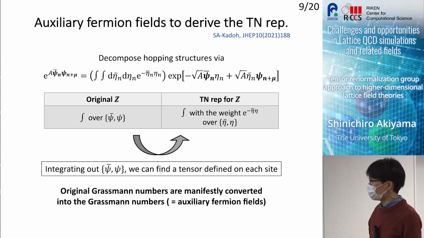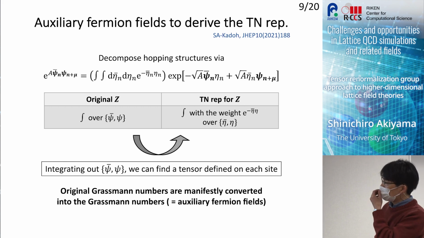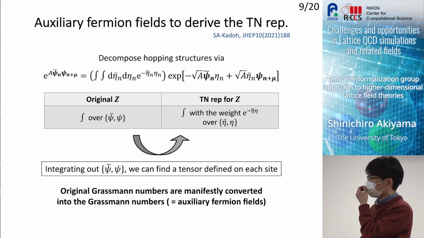These psi, psi bar are Grassmann numbers. We can consider this type of decomposition by introducing auxiliary fermions. Here eta and eta bar are again Grassmann numbers. And we can decompose this type of hopping structure into this form.